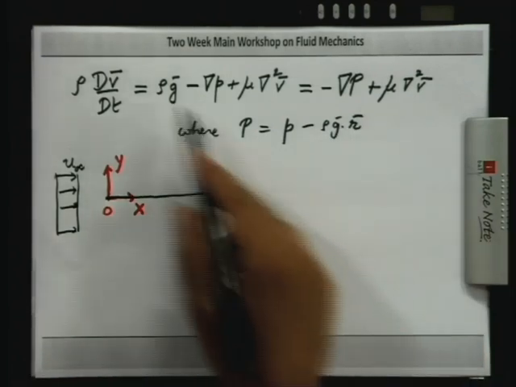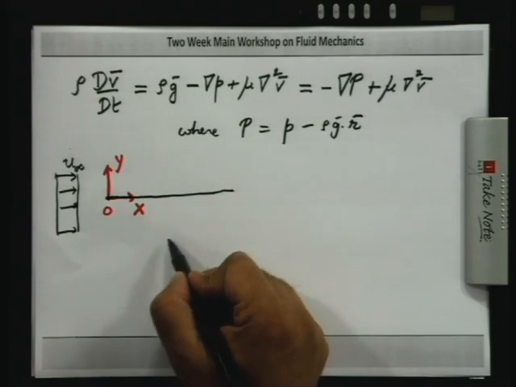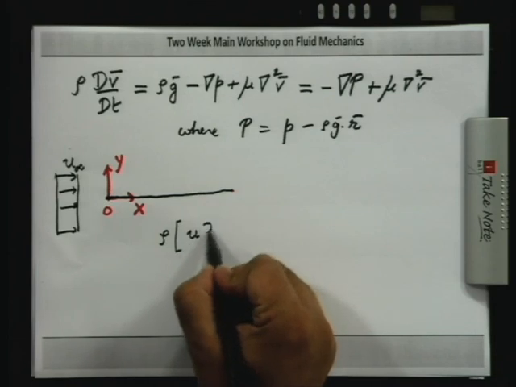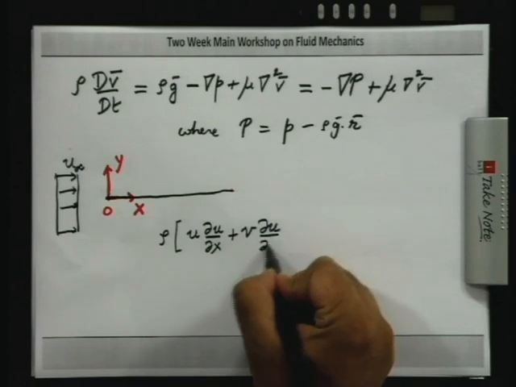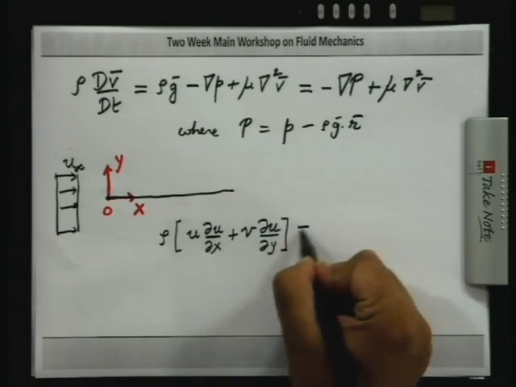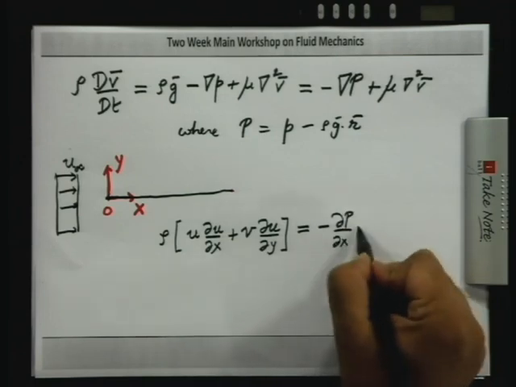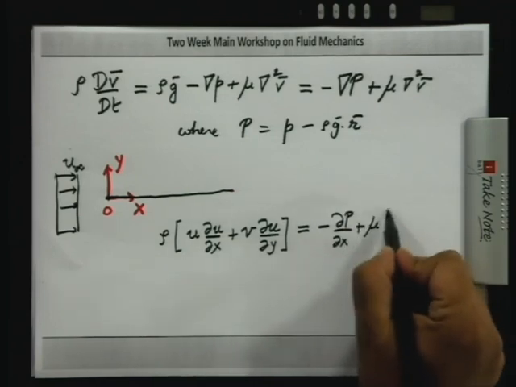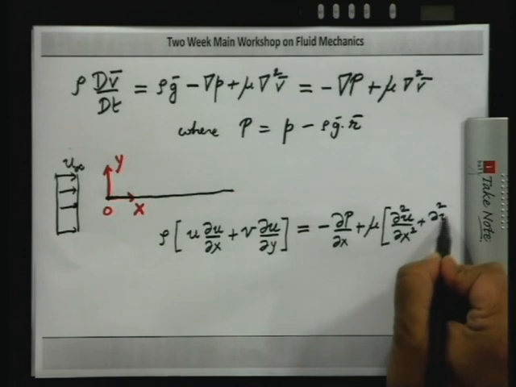Now, if I write down these equations for the 2D case, you are going to have rho times (u del u del x plus v del u del y) equal to minus del p del x plus mu into (del 2 u del x squared plus del 2 u del y squared).